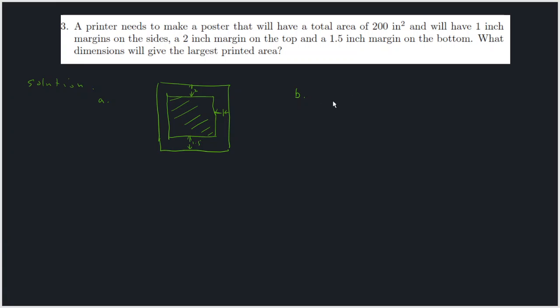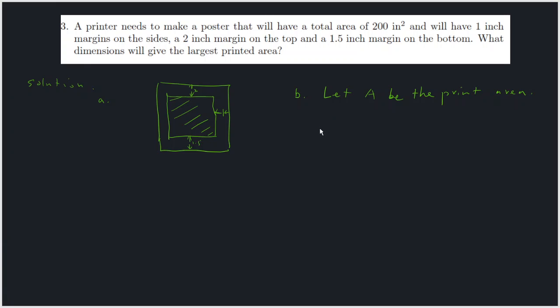So maybe we let A be the print area. Use a notation to represent the quantity to be maximized. And then we identify what the quantity will depend on.